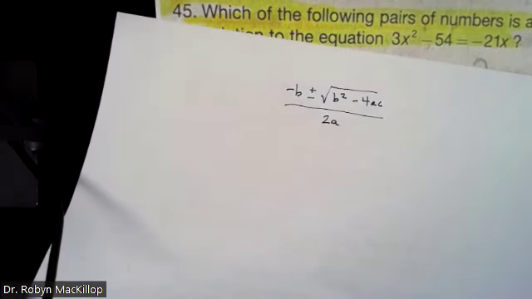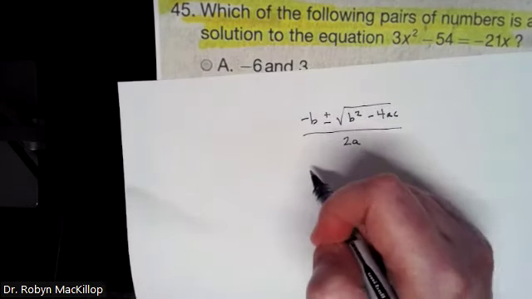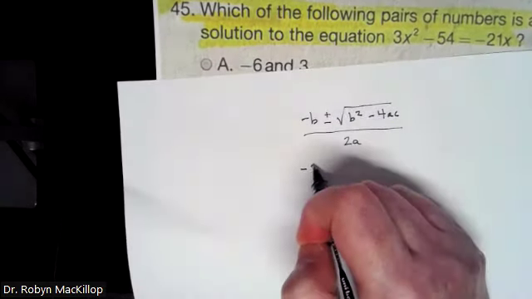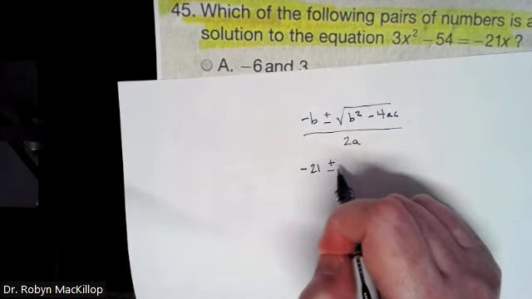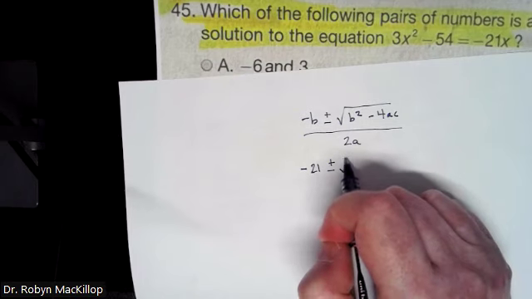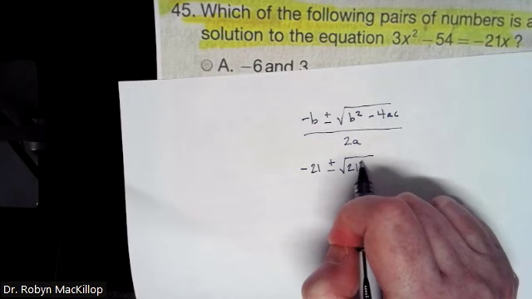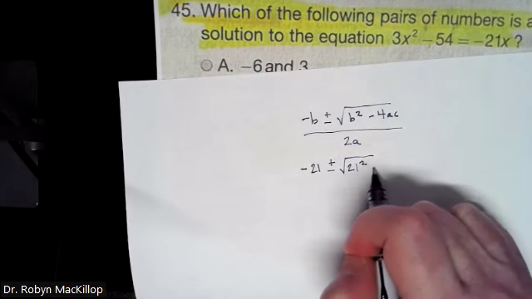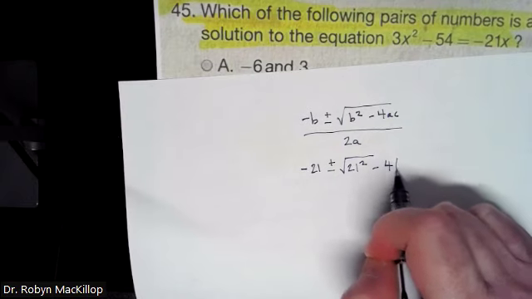So b, I said, was 21. So we have negative 21 plus or minus the square root of 21 squared minus 4 times a.